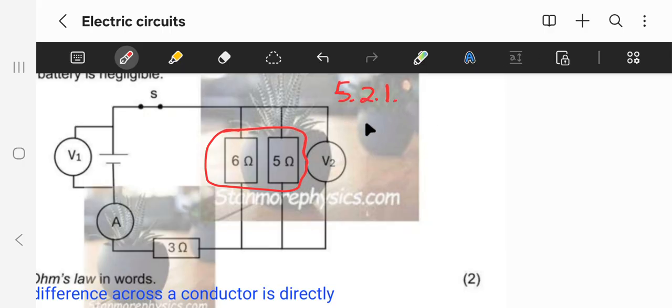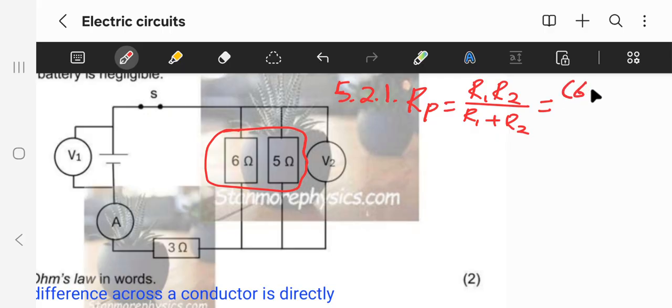There are two formulas we can use, guys, and I'm going to show you both. We'll start with this one because it's very quick. Rp is equal to R1 R2 divided by R1 plus R2. This one, guys, we use if we only have two resistors, as you can see there.